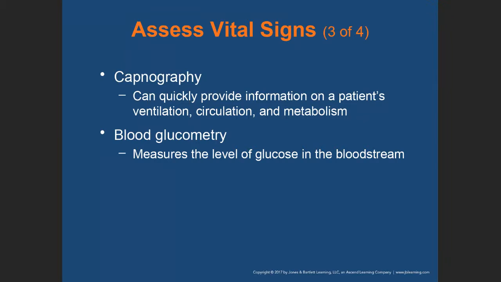It can also tell you about circulation and metabolism as it relates to the pH. But you might not see that very much in Jamaica. It's a very prominent tool in the States or overseas or in first world systems. Blood glucometry measures the level of glucose in the bloodstream.